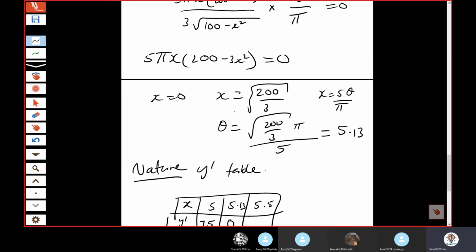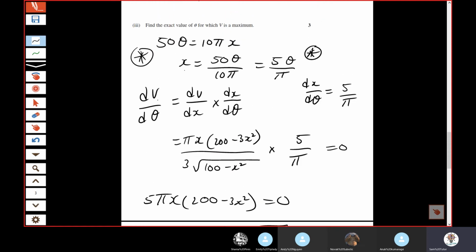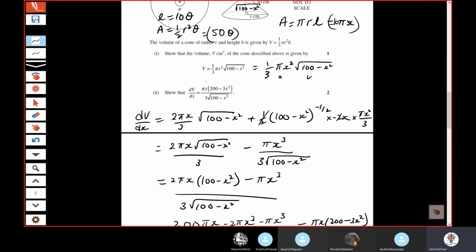I should have finished it off for x, but why? Why? I'm doing dv on d theta. When is the value for which v is a maximum? V, v in terms of x. Okay. Incorrect. That would have been crap.